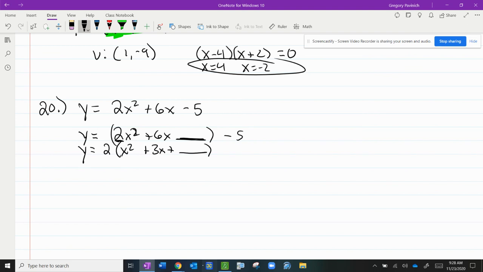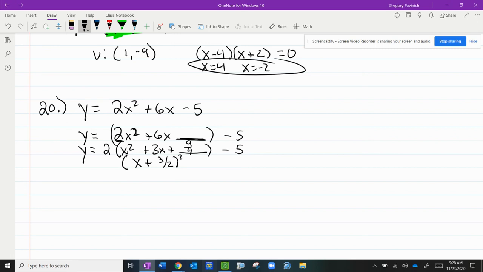And then I can already tell I'm going to hate this problem because I have to divide 3 by 2 and then square. So half of 3 is 3/2. Squared is 9/4. And that's still going to factor to a nice perfect square trinomial. Don't use decimals, okay?